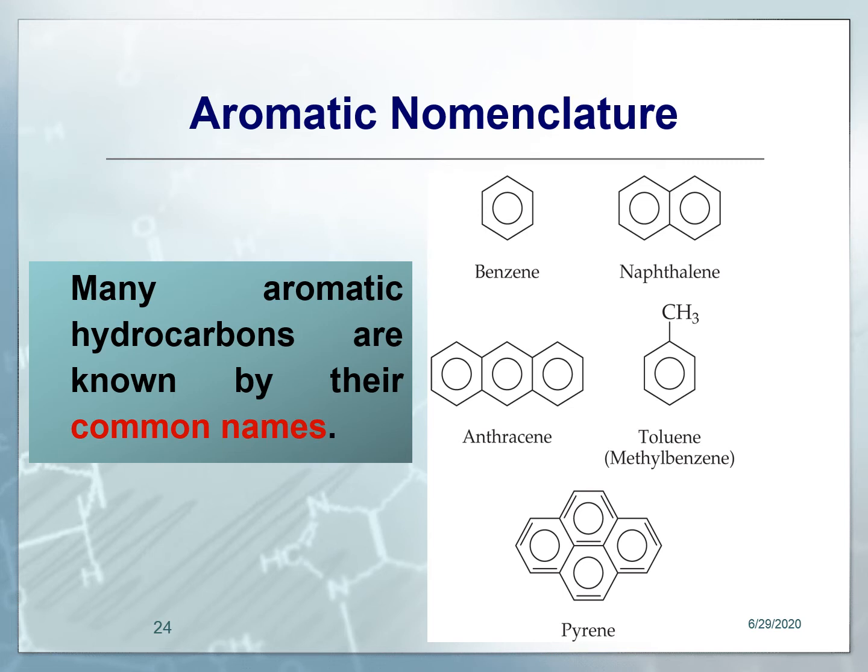For aromatic rings that are presented by hexagons, the circle shows the aromatic character. Each corner represents a carbon atom. The hydrogen atoms are usually not shown. Many aromatic hydrocarbons are known by their common names, for example benzene, naphthalene, toluene, pyrene, and so forth.